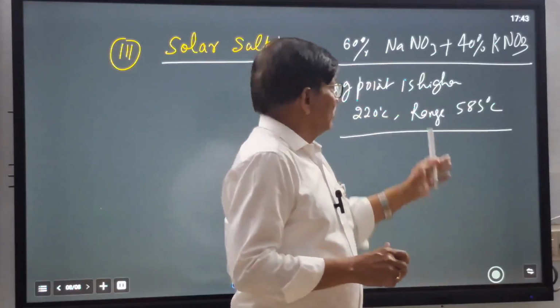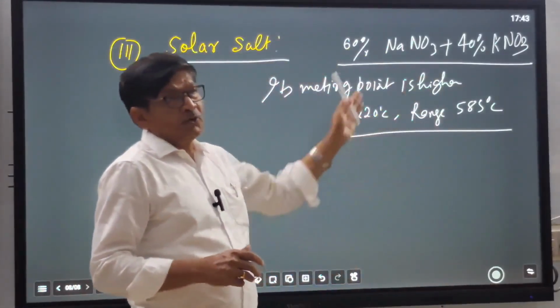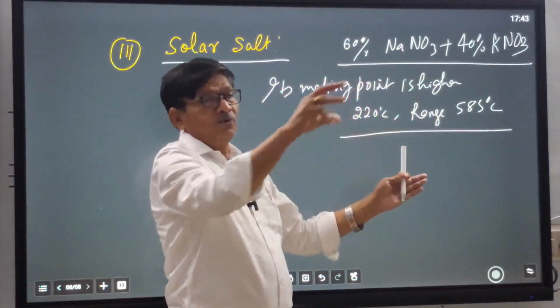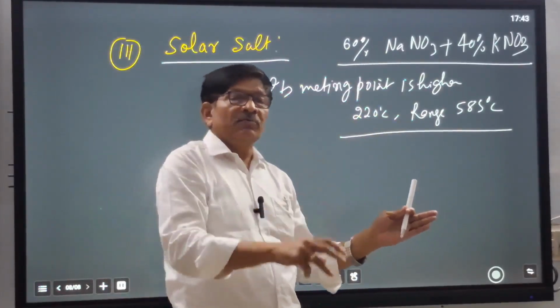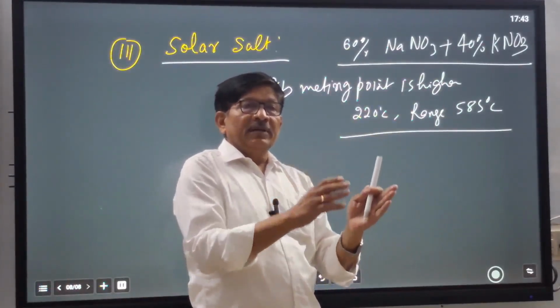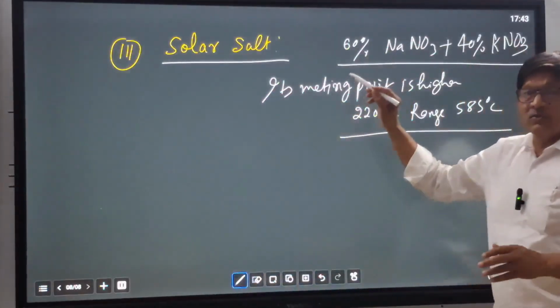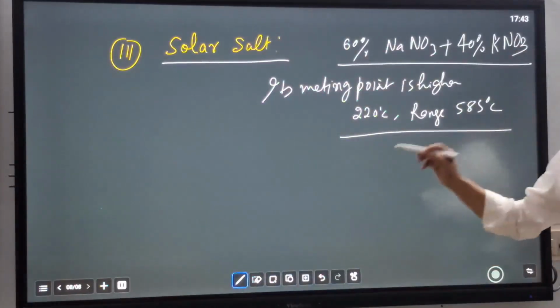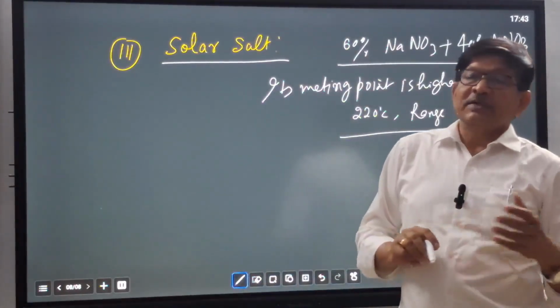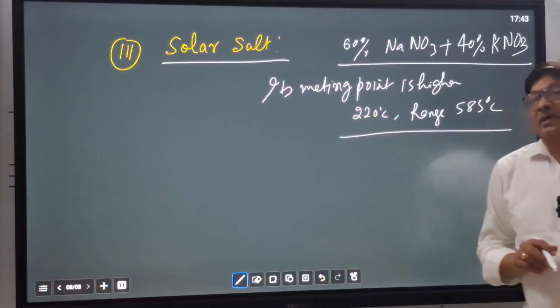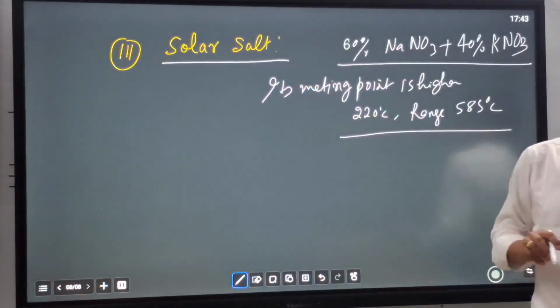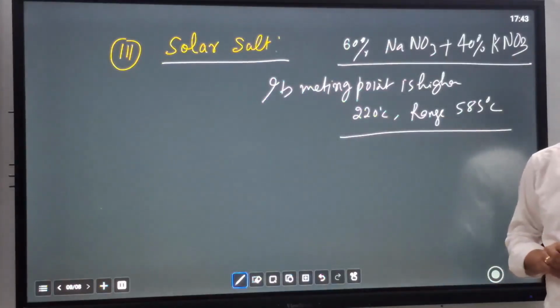This liquid solar salt will move in one circuit, and water will move in another circuit, and heat exchange will take place from the liquid solar salt to the water, and it will convert into steam, and steam will be used for generation of electric power, or we can use mechanical power for running industrial systems.